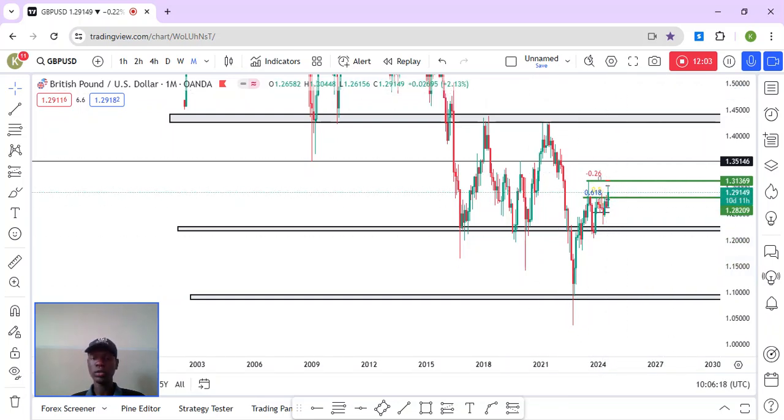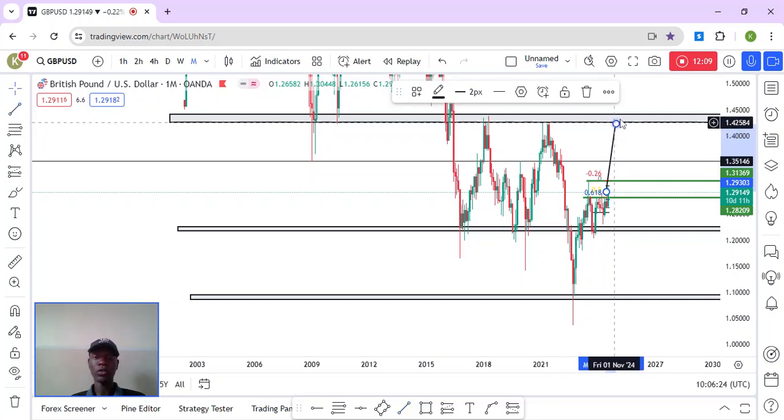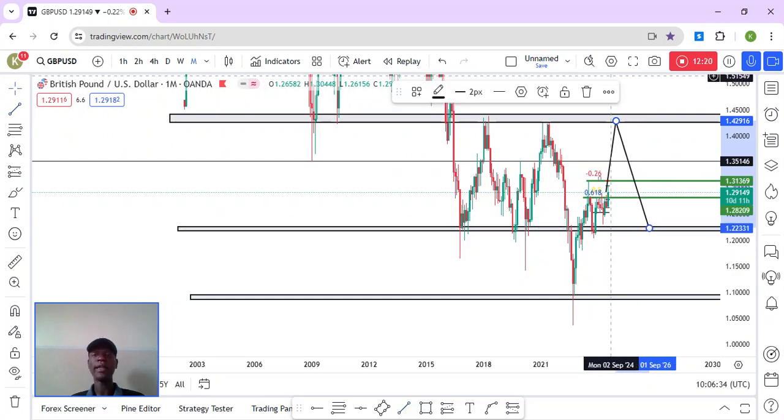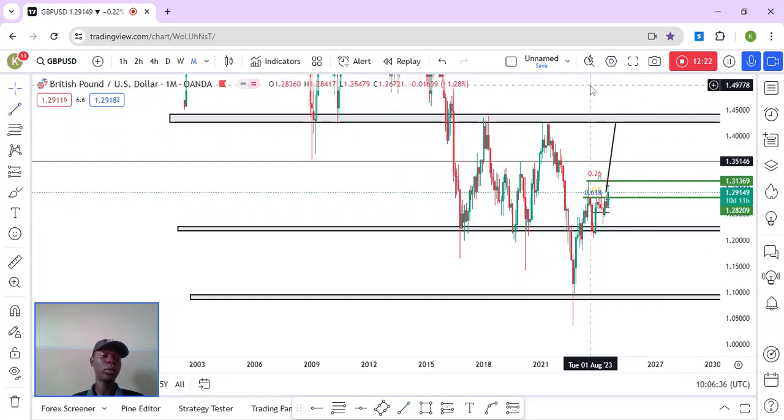Or if it is not going to do that, it will at least come to the upside there, which I doubt, and then form something like an inverse head and shoulders. But I doubt the market is going to do that, because I did my fundamental analysis on the dollar.